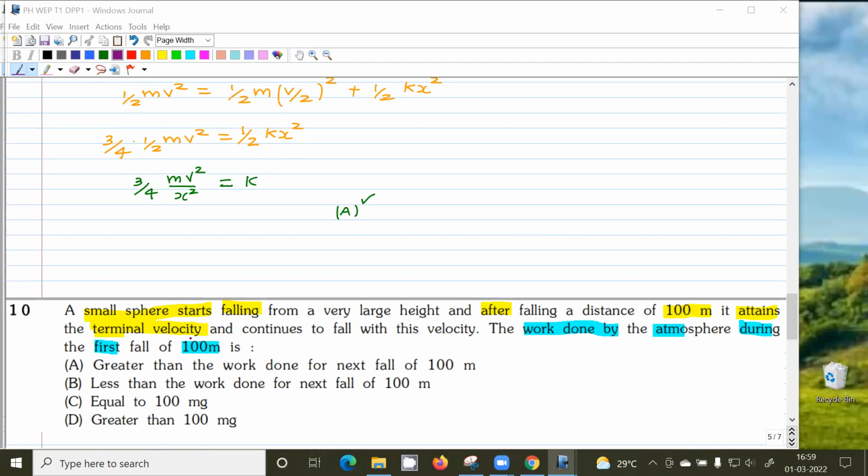It can't exceed further also. See, velocity will keep on increasing if there is an acceleration, no? Yes, sir. Acceleration is the same as force. So if net force is there, it will keep on accelerating. But as it keeps falling, there is a resistance force which keeps on increasing. The resistance force is proportional to the velocity.